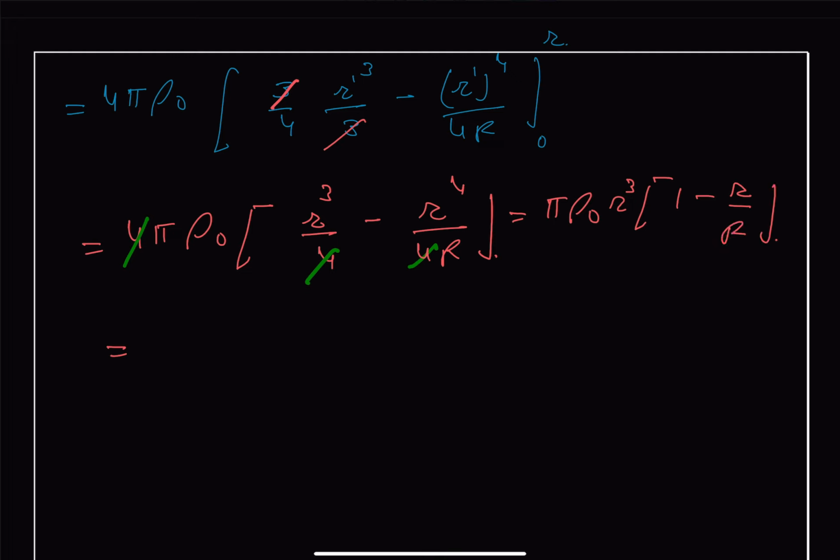Now we are going to use Gauss law because we found the charge enclosed. Therefore we can say that Gauss law for the enclosed surface gives electric field times area equal to Q enclosed divided by epsilon naught.